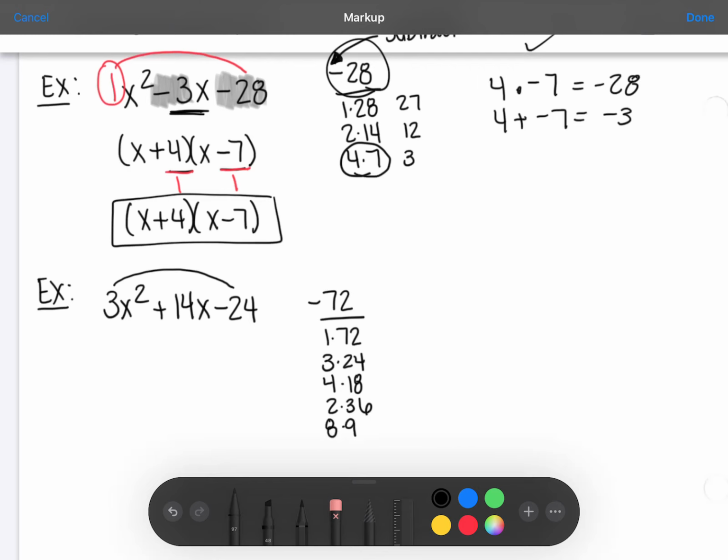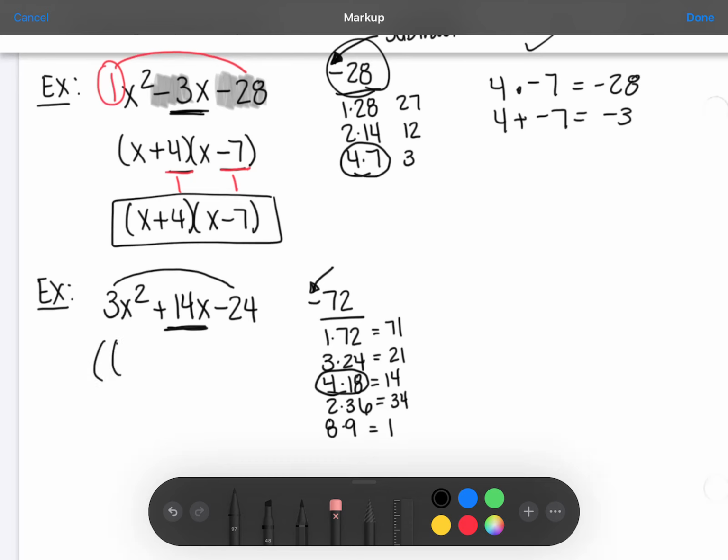All right, so there's my factors of 72. And now remember, this tells me I'm looking for two numbers that subtract. So when I subtract, I get 71, 21, 14, 34, and 1. What number am I looking for? That's right, I'm looking for 14. There it is. 4 and 18 are my winning numbers.